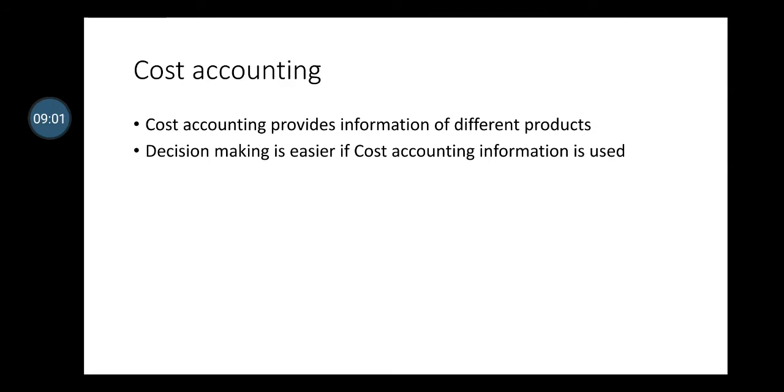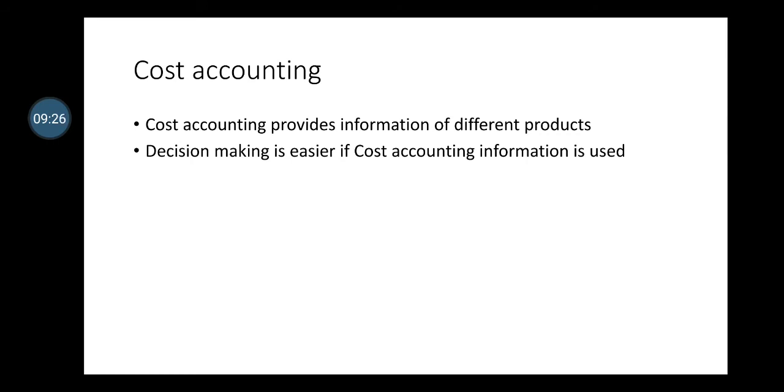Now, cost accounting provides information on the different products. We have seen in our example how the information about different products, product A, product B, product C, is given, which has really helped us take a decision regarding the continuation or discontinuation of the product. So decision making is easier if cost accounting information is used.